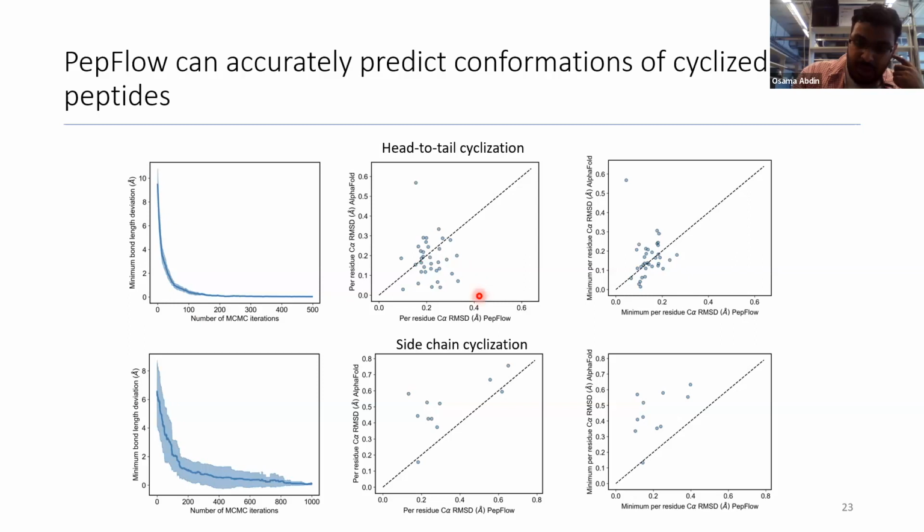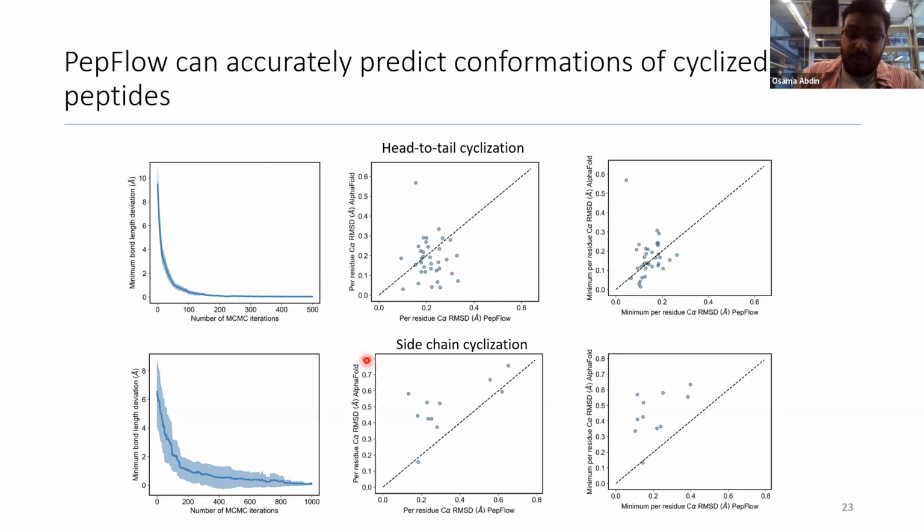But we do find that PepFlow, within 25 conformations, the number we generated for each test set peptide, does consistently generate things that look like the ground truth, suggesting that if we were to develop a better way to rank these conformations, we might be able to get improved performance.